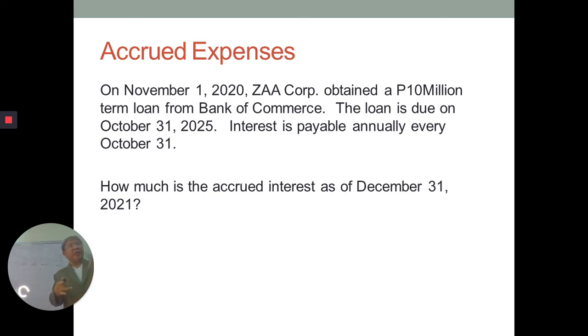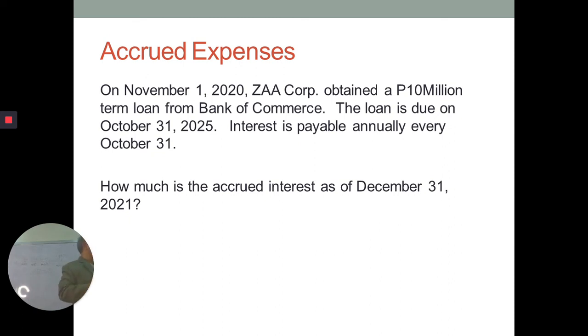So therefore, the accrued interest is how much? That would be 10 million times 6% times 2 over 12. So that will be our accrued interest. And how much will that be?